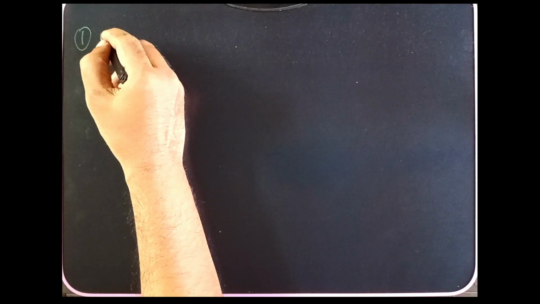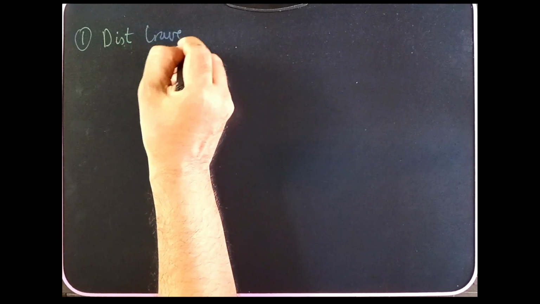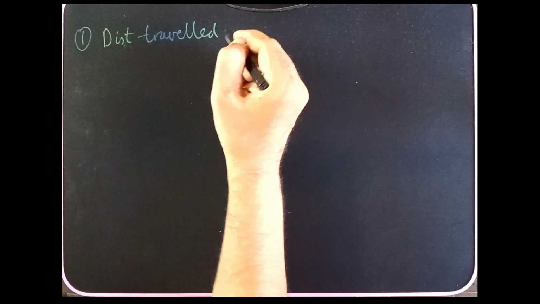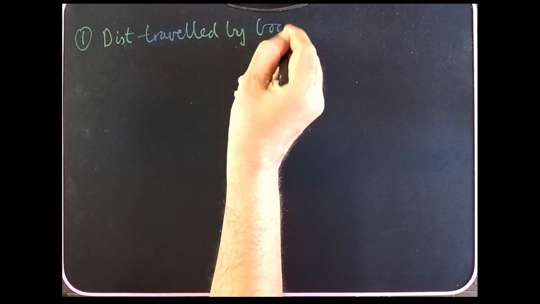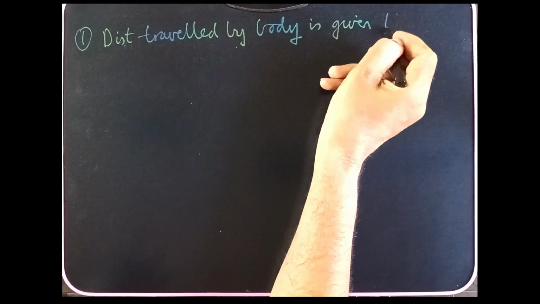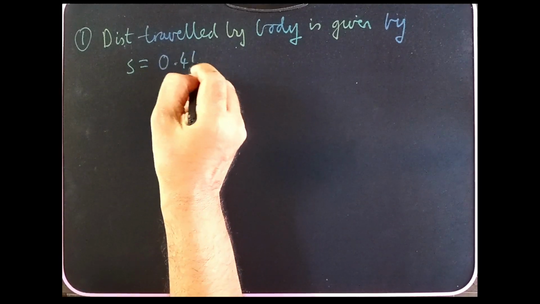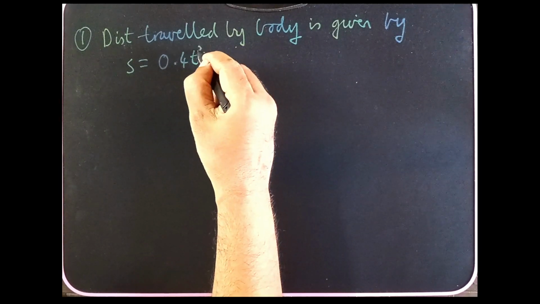First problem, distance traveled by a body is given by s is equal to 0.4 t square. That means it's the distance.